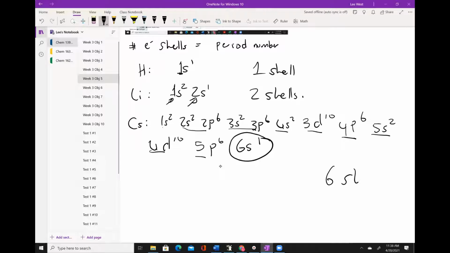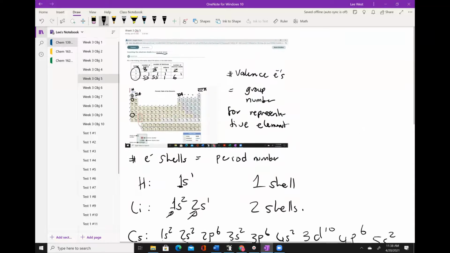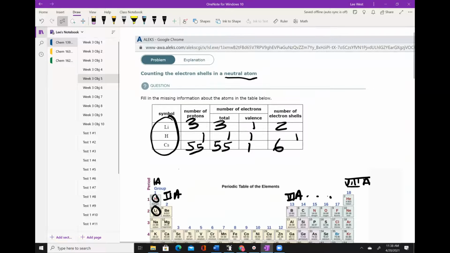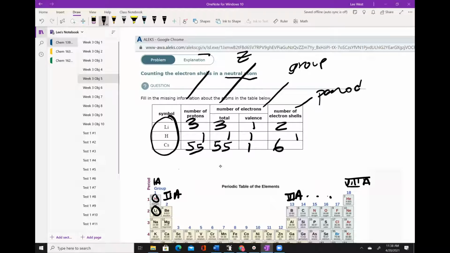Okay, but we don't need to write out the electron configuration to decide that. We can just look at the period number. That's really one of the powerful things about the periodic table. So the period number indicates the number of electron shells, the number of valence electrons we're getting from the group number, the total number of electrons we're getting from the atomic number, and the total number of protons we're also getting from the atomic number.